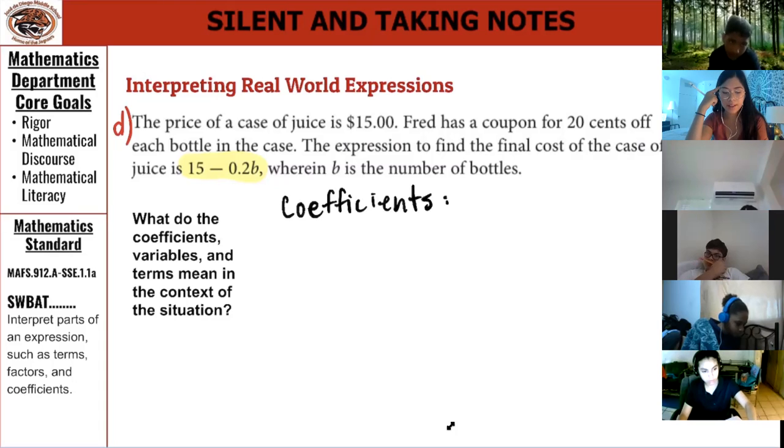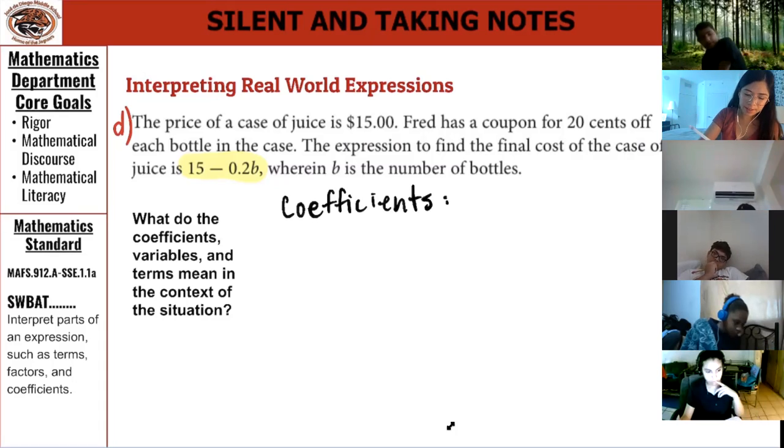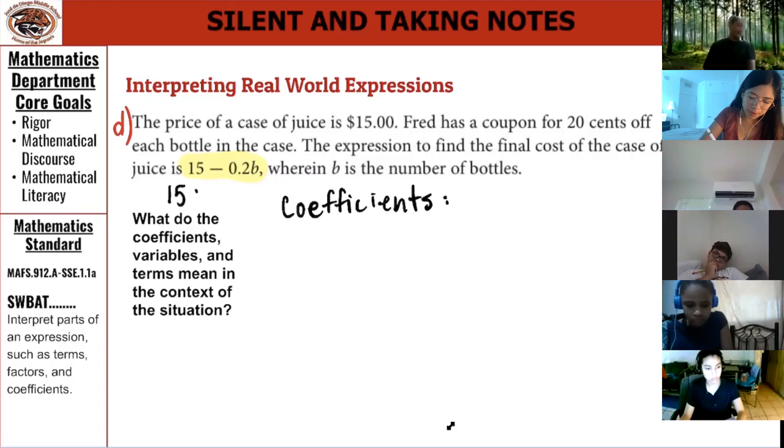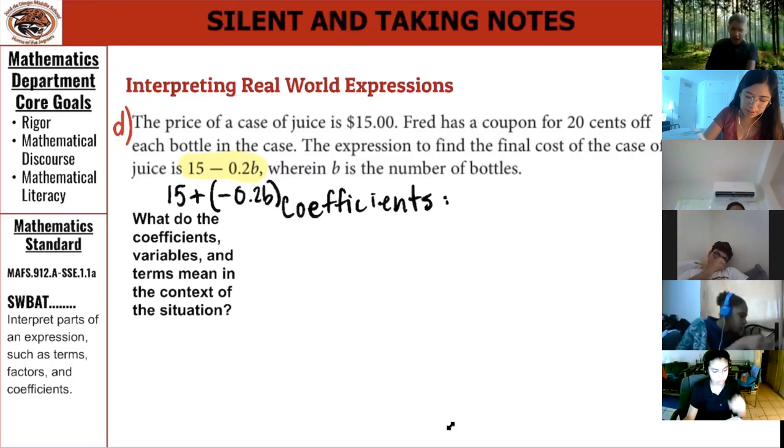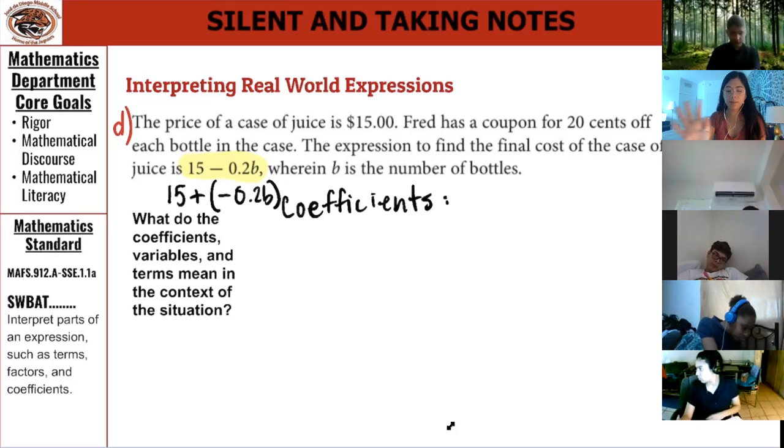So in this case, since I see subtraction, I need to think of this as 15 plus negative 0.2b. Exactly. Which means my coefficient isn't just positive 0.2, it's going to be negative 0.2.